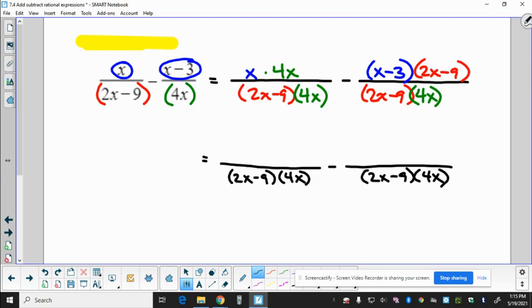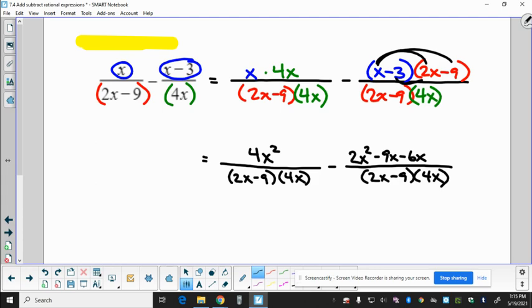All right, so first of all, first one is 4x squared, isn't it? Over here, we got to do a FOIL method, so it'd be 2x squared minus 9x minus 6x.